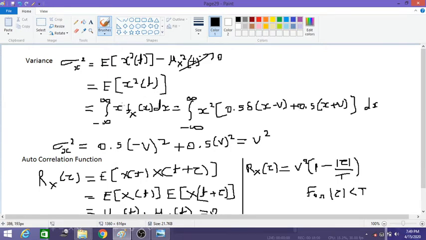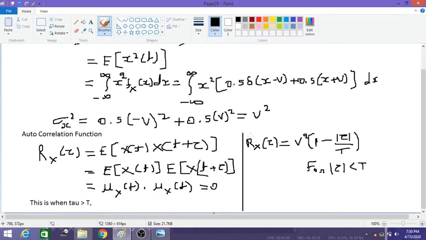Let us substitute here: the integral of x square into fx of x into dx. From this definition, the same thing holds good. Now it is not just minus V, it is minus V square, because here we have the term x square. So finally the variance of this process is V square.